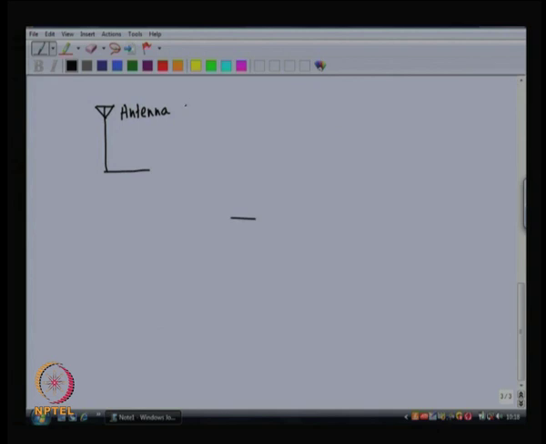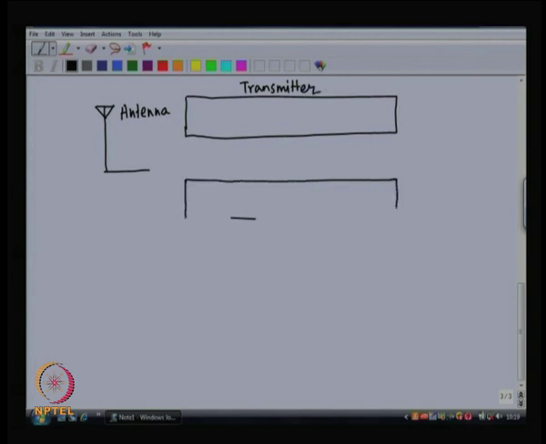Now, there is a transmitter and there is a receiver. So, abbreviations that will be used routinely in this course are TX for transmit, RX for receive. Anyway, so there is a transmitter, there is a receiver, both are going to be using the same antenna.